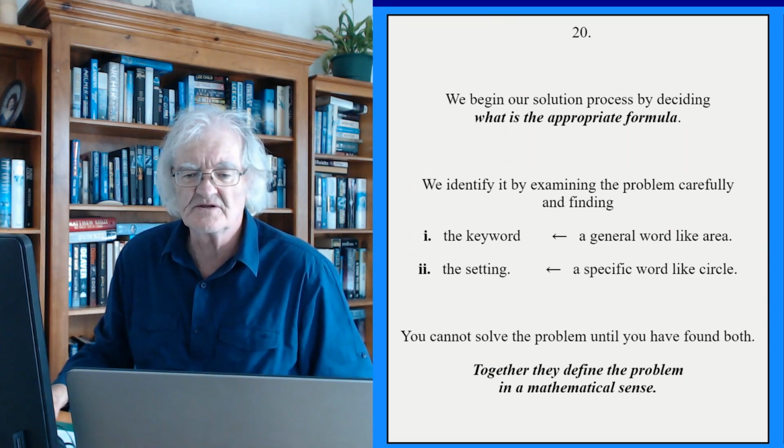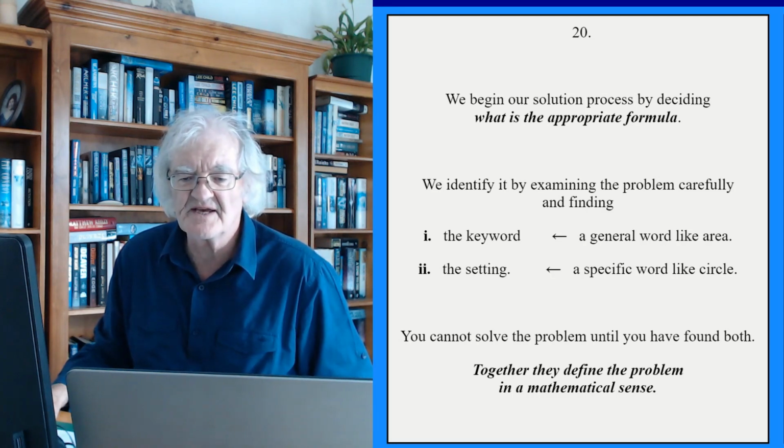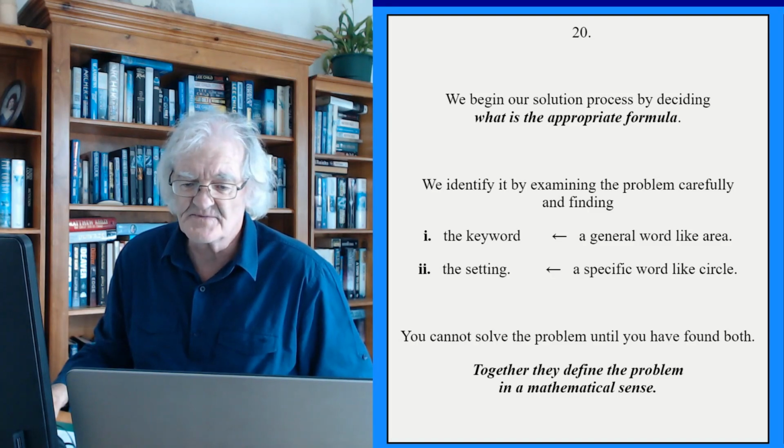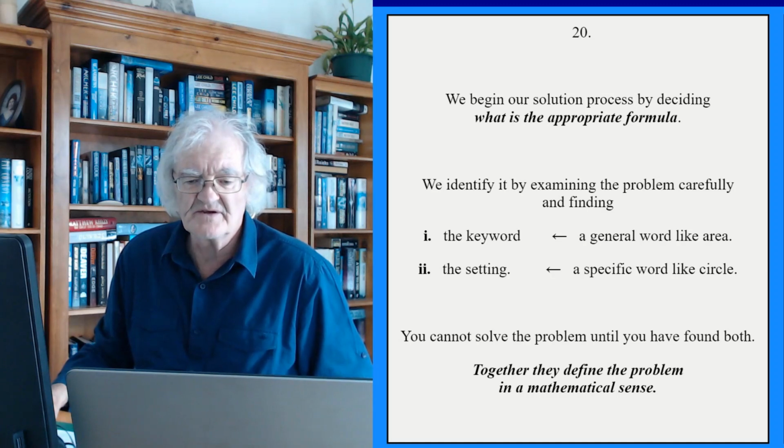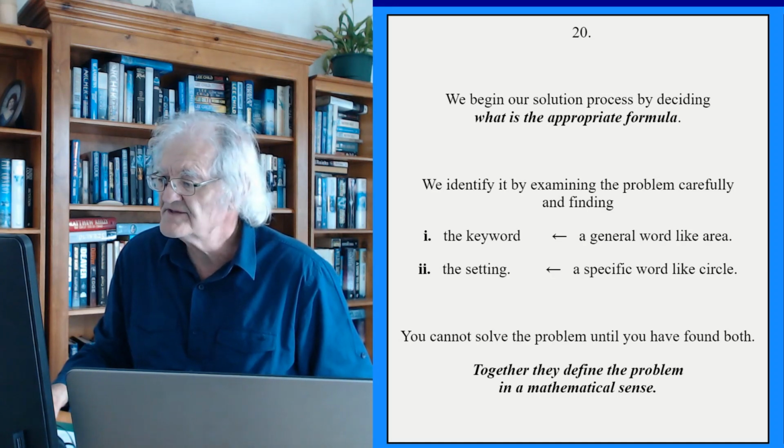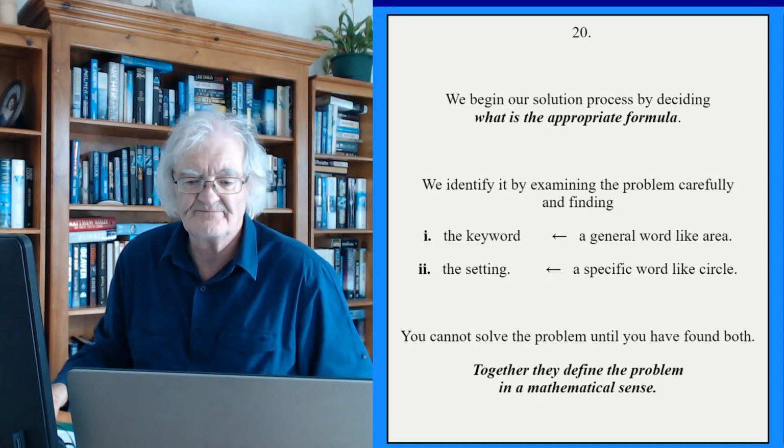We begin our solution process by deciding what is the appropriate formula. We identify it by examining the problem carefully and finding the key word, a general word like area, the setting, a specific word like circle, and you cannot solve the problem until you have found both.